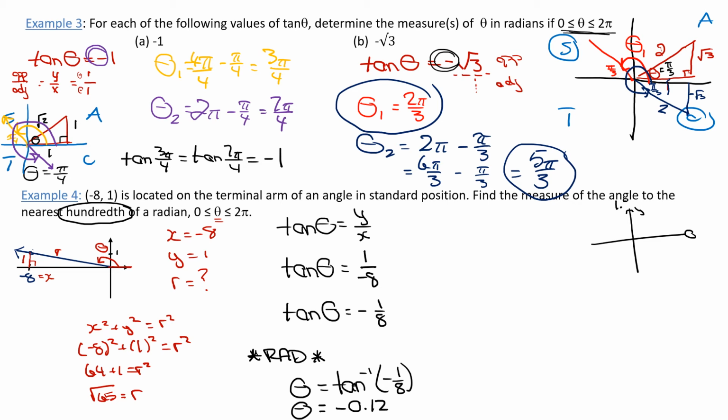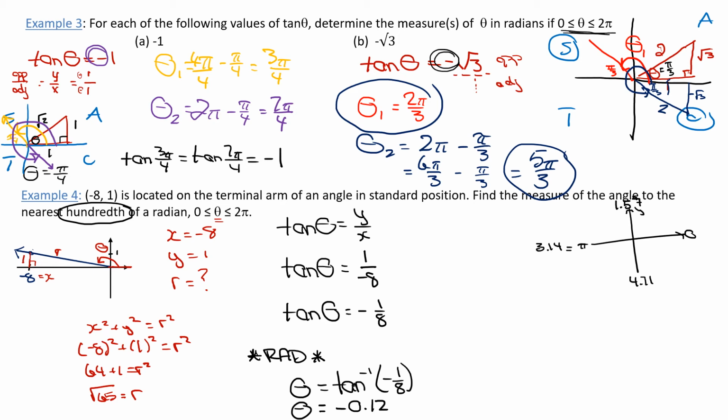Over at the other side of the x-axis, that's normally a pi, but that is, of course, 3.14. Down at the bottom of the y-axis, that's 270 degrees, which is also 3 pi over 2. So 3 pi over 2 is 4.71. I'm converting to decimal because the question is asking for decimals.